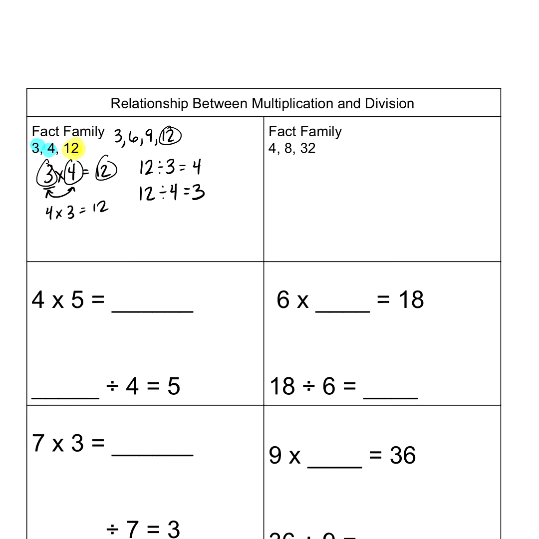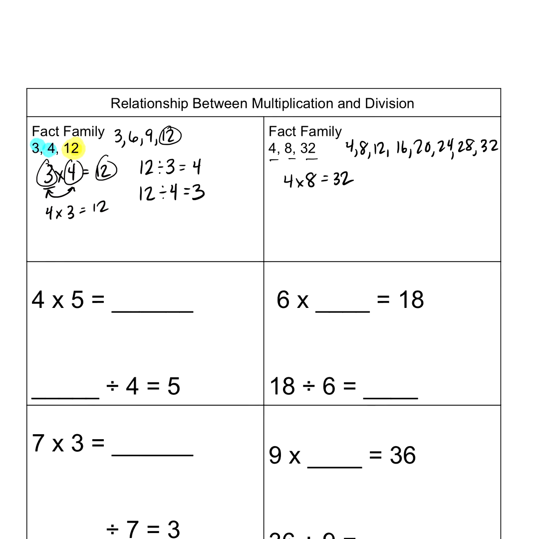So looking at this: 4, 8, and 32. Let's do 4 times 8. We can check our work. We can do 4, 8, 12, 16, 20, 24, 28, 32. Let's skip count by 4, 8 times.